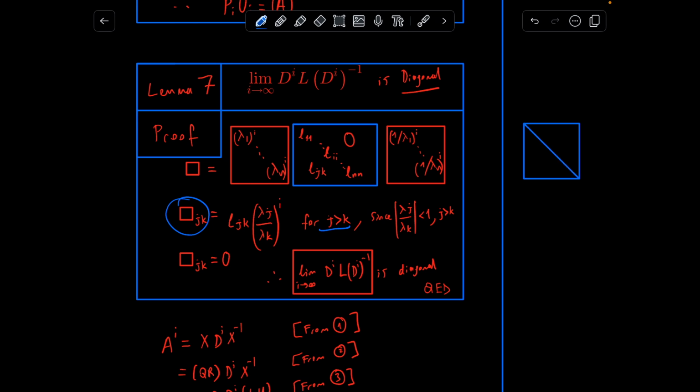This is the diagonal line. This is j, and j is larger than k. For example, let's say j is 3 and k is 2, so j is 1, 2, 3 and k is 1, 2.